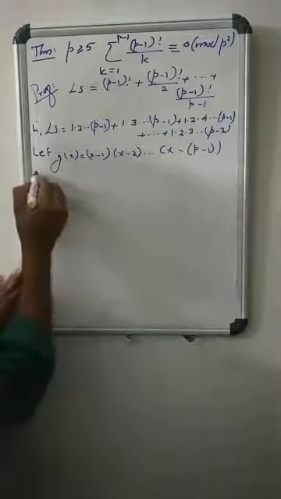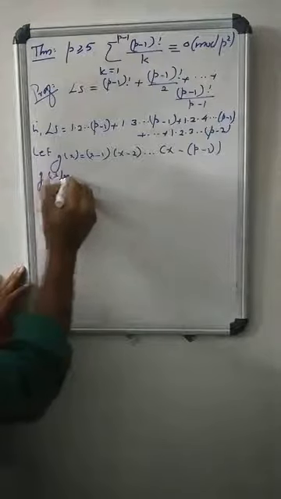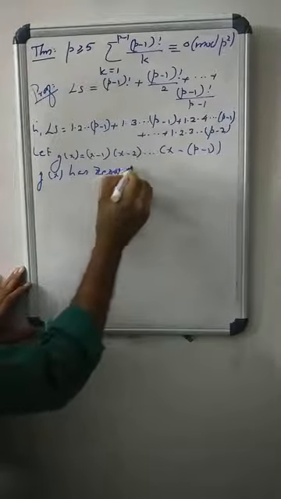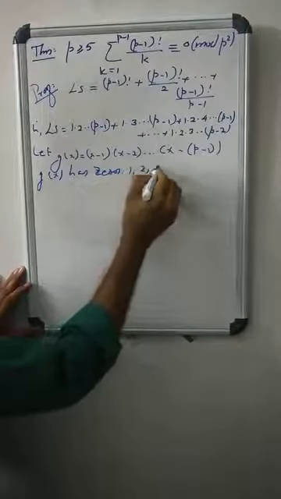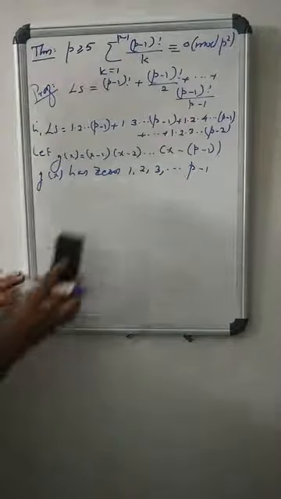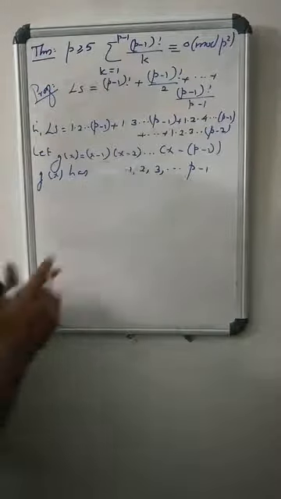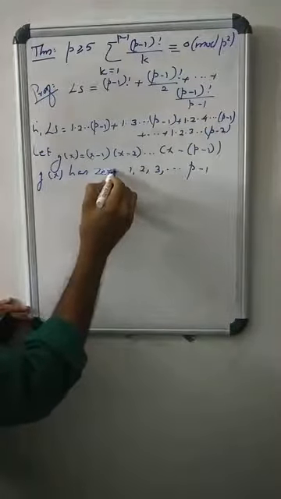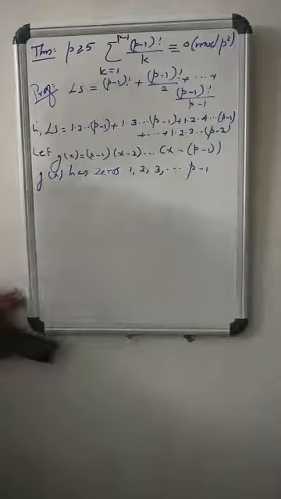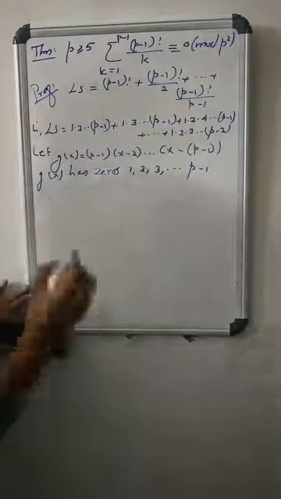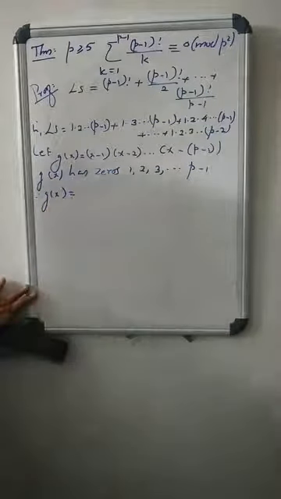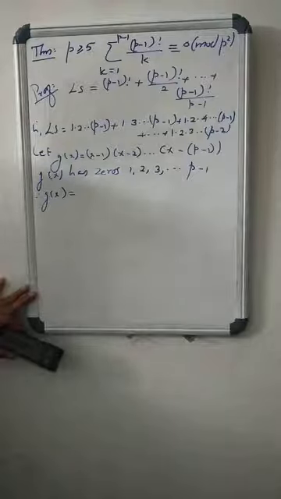So this g of x has zeros, meaning its roots, 1, 2, 3 etc. up to p minus 1. So this g of x can be written as (x minus 1) into (x minus 2) into etc. into (x minus (p minus 1)).